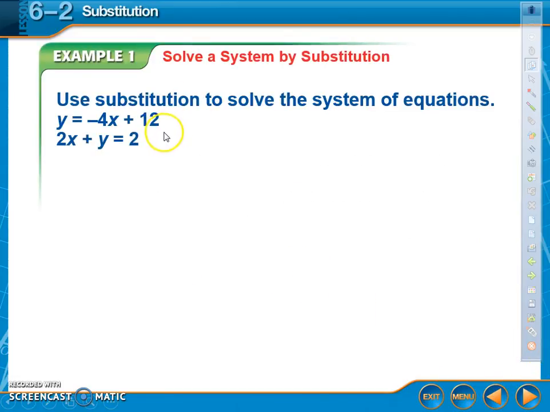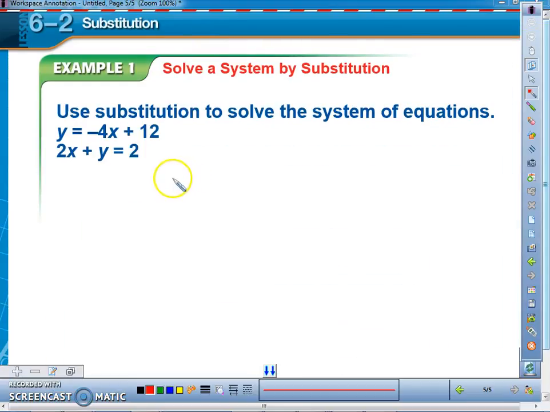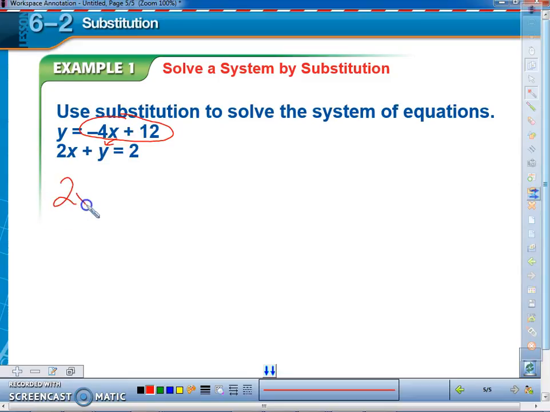Okay? So what we're going to do is use substitution to solve this system of equations. Well, we've got a y equal to all of this stuff, which means we could take that and put it into y and solve for x. What that's going to look like is this. We're going to have 2x plus parentheses negative 4x plus 12 equals 2.